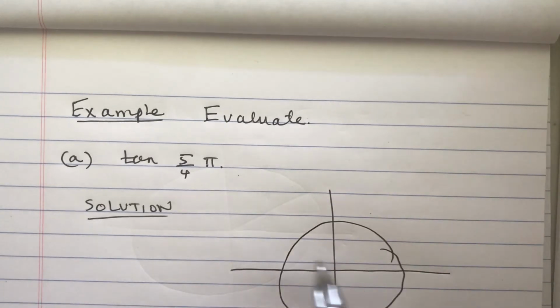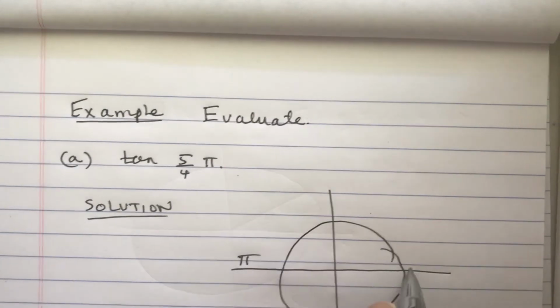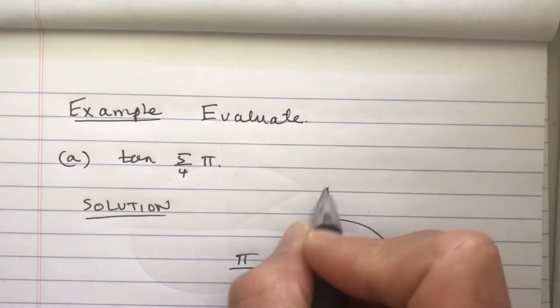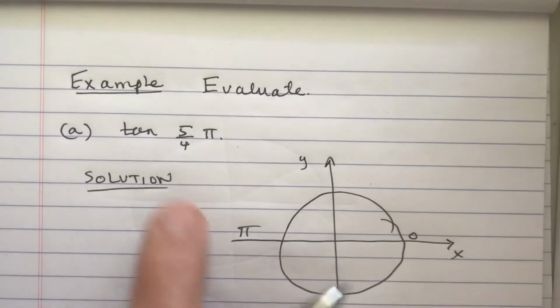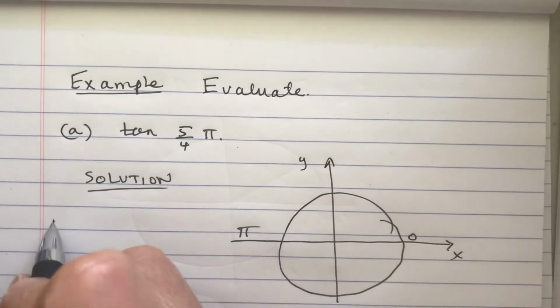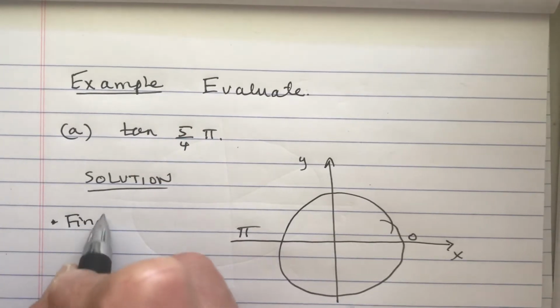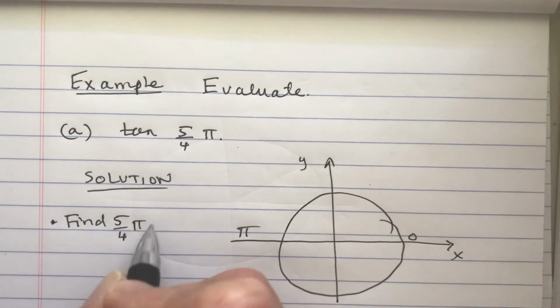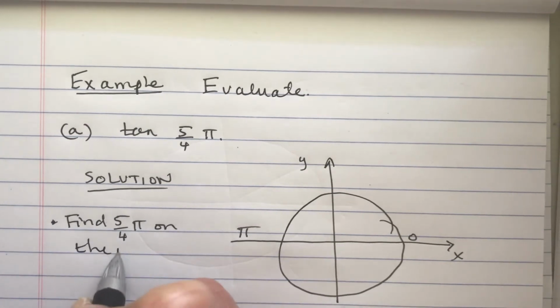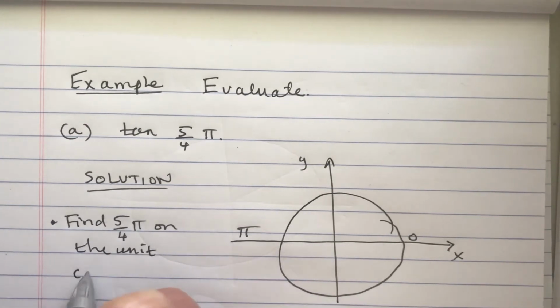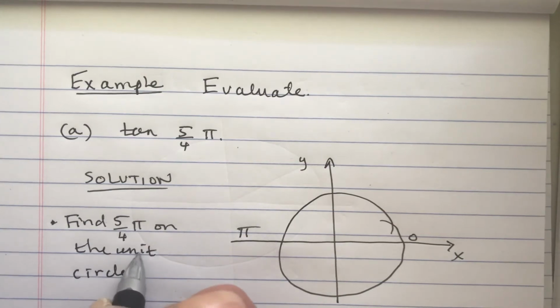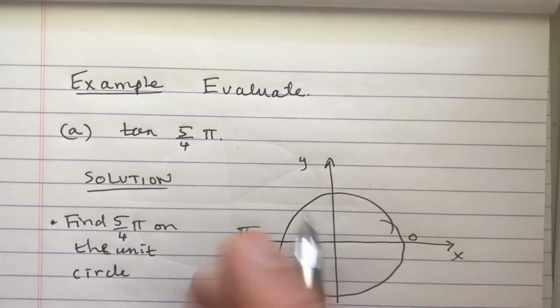Okay, so first of all, I need to locate where 5/4 pi is on the unit circle. And the way I do that is I use as a reference the x-axis.